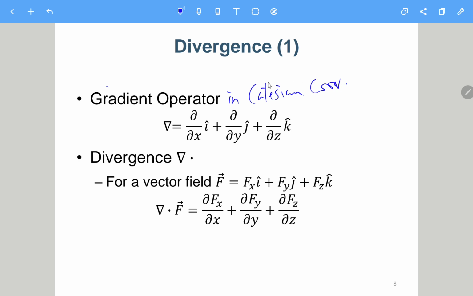Okay, so now we have the divergence. So also in Cartesian coordinate, for a vector field F, if we need to take the divergence, this is called 散度.